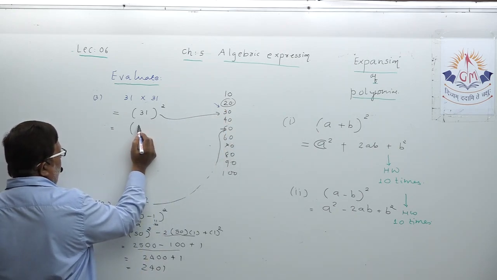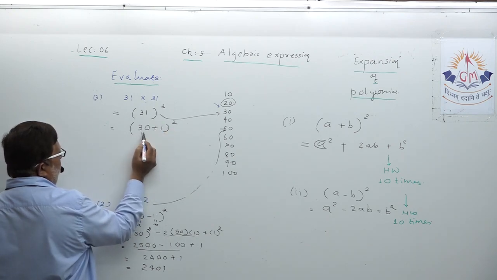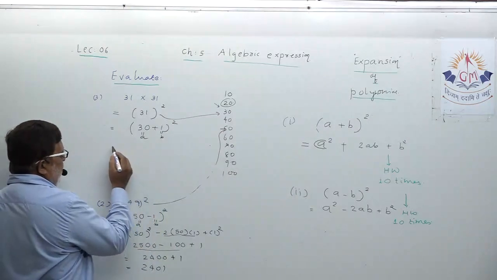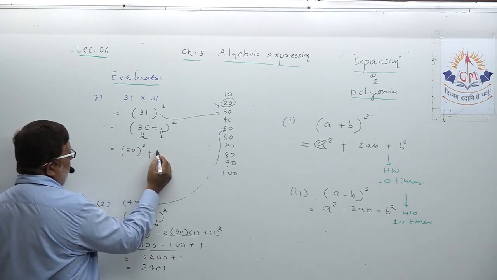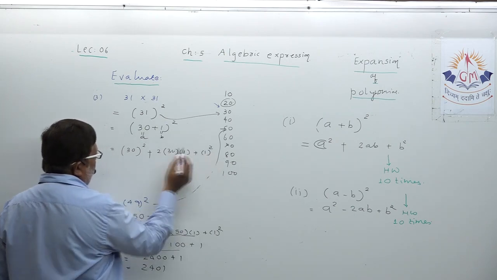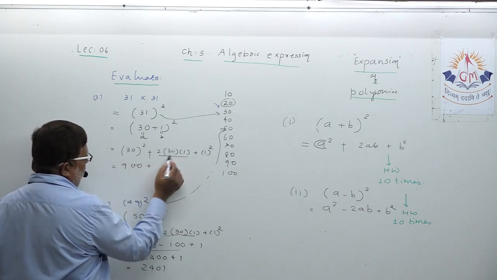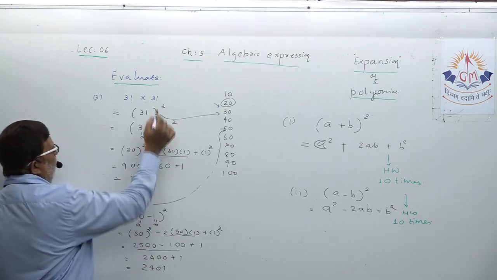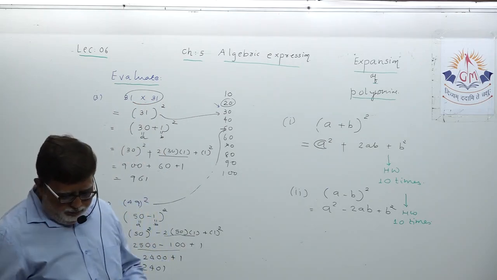So in place of 31, I will split it and write 30 plus 1 whole square. This is A, this is B. Application of the first formula, A square, that is 30 square, plus 2 into A into B plus B square. 30 square is 900, 2 into 30 is 60, plus 1, this is 961. So sometimes an example may be given in this way also.